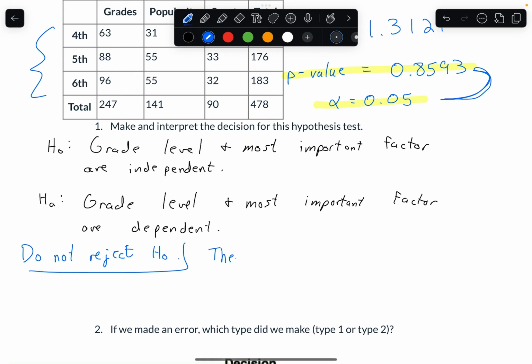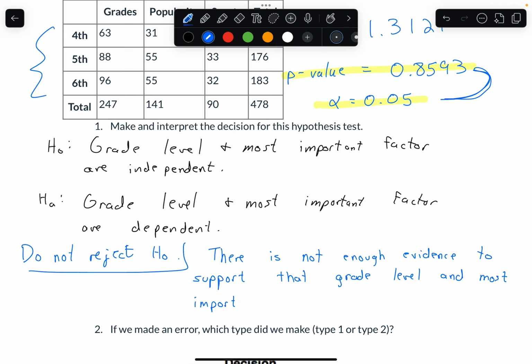So I would say there is not enough evidence to support that grade level and most important factor are dependent.